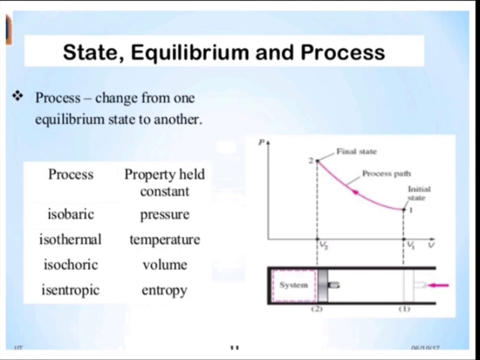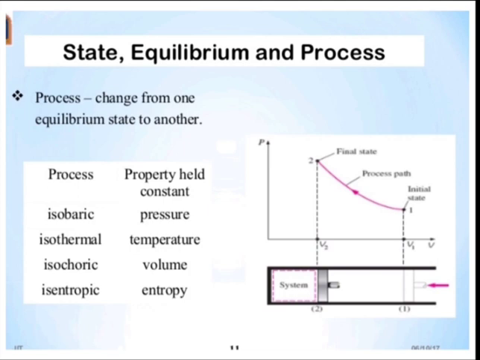That means obviously the system is going to compress. So see, state is a set of properties, like pressure P1 and volume V1 here, and pressure P2 and volume V2 here. This is pressure P1 and this one is P2. So this is a state function.